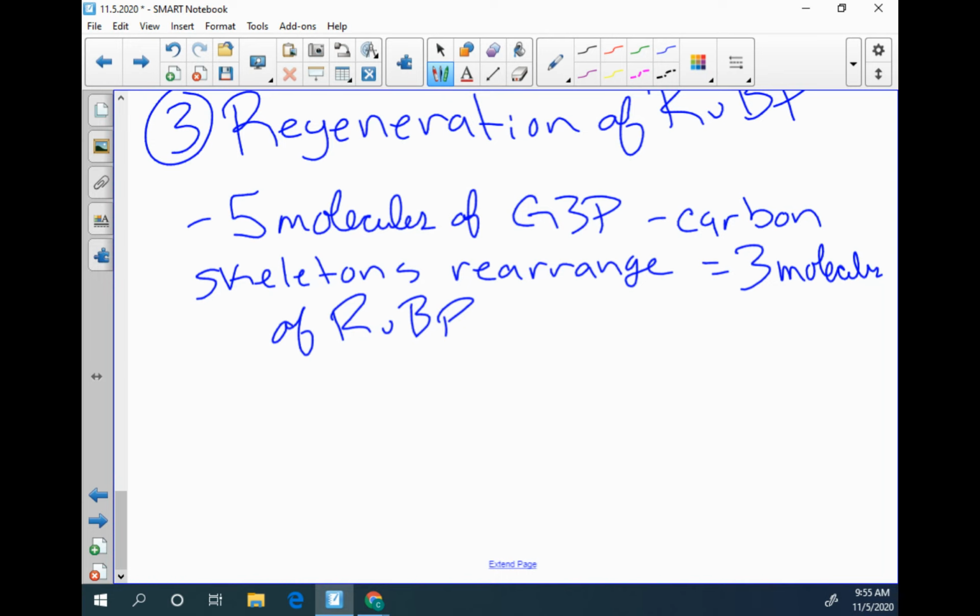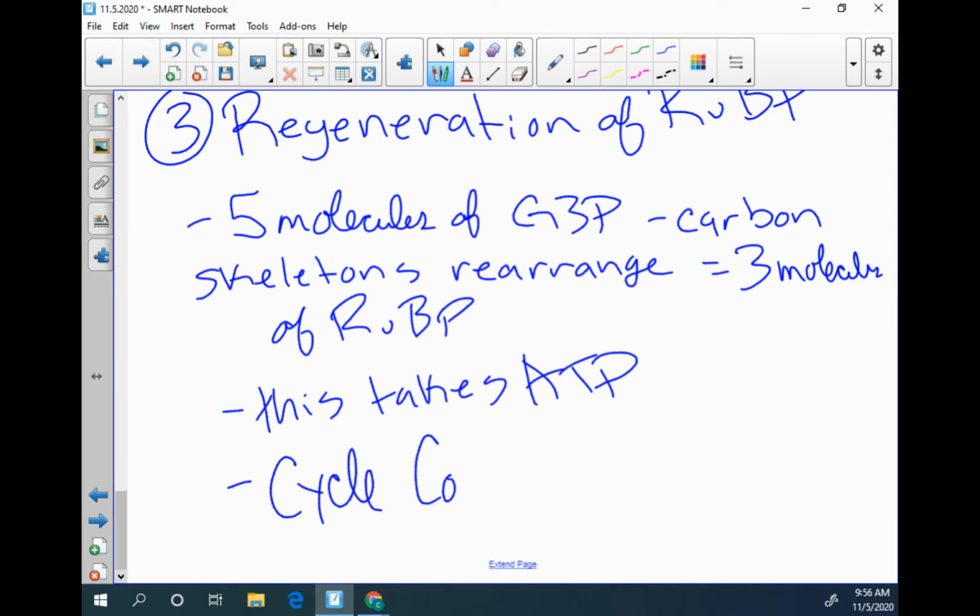This takes ATP. So we need to put even more ATP into this cycle in order to get us back to the beginning. And from there, our cycle continues.